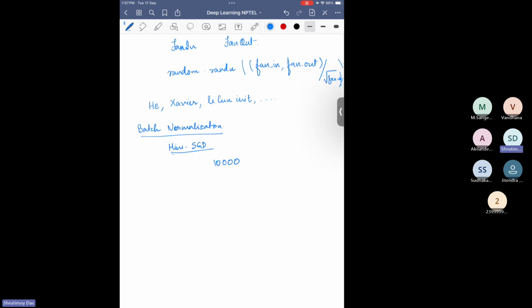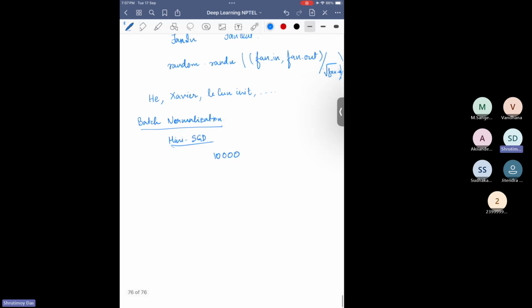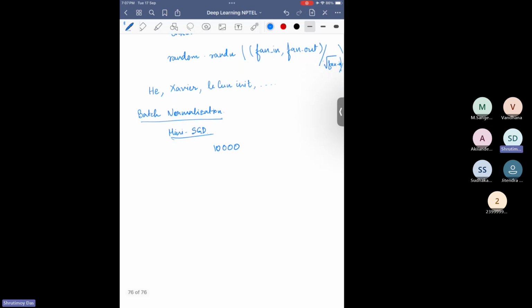So what you do is create chunks, let us say of 1,000 points. Say the first 1,000 points are in the first chunk, the second 1,000 points are in the second chunk, and so in total there will be 10 such chunks.